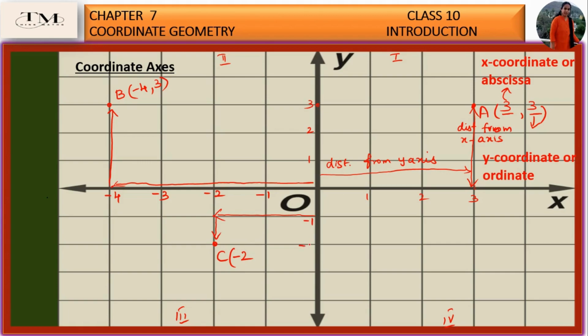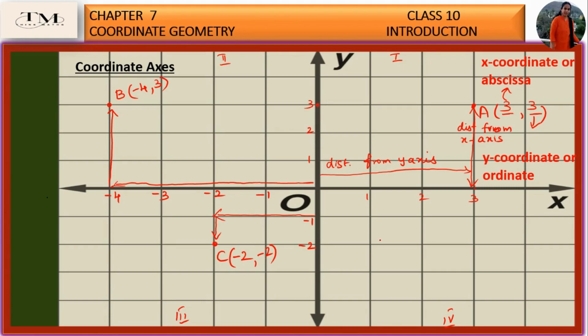So -1, -2. So it is -2, -2. If the x-axis value moves right, it is positive, and if the y-axis value moves up, it is positive. If x moves left, it is negative. If y moves down, then it is negative.